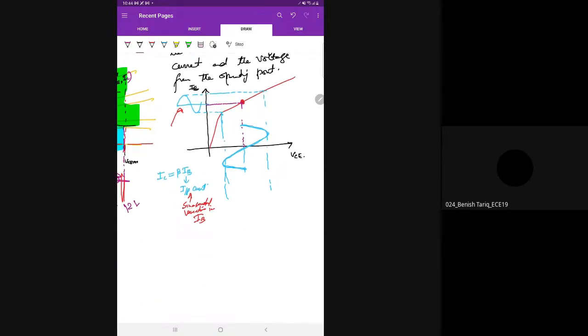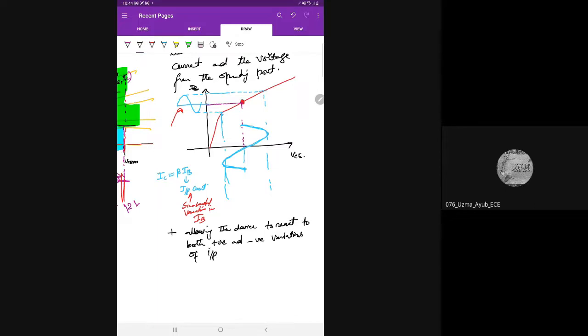Okay, तो जो ये point B है, ये इस जगह पे किया गया है choose, which is allowing the device to react to both positive and negative variations. अब इसमें जो हो रही हैं, both negative and positive variations of input signal, they are being reacted to. दोनों को अब react हो रहा है.